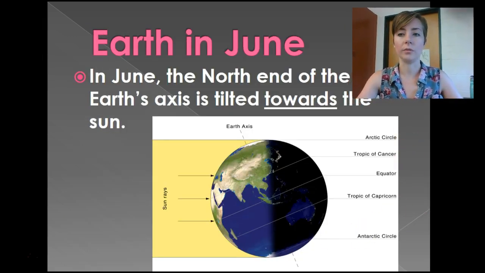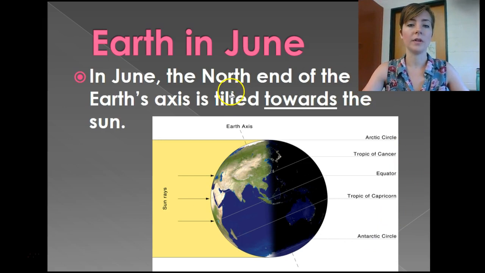So in June, the north end of the Earth's axis is tilted towards the sun. So here's the Earth's axis here, and here's the sun off this way. You can kind of see that the North Pole is sort of pointed towards the sun, which means that the most direct sunlight is pointing at 23.5 degrees north. So here's our equator, and 23.5 degrees north is getting the most direct sunlight.